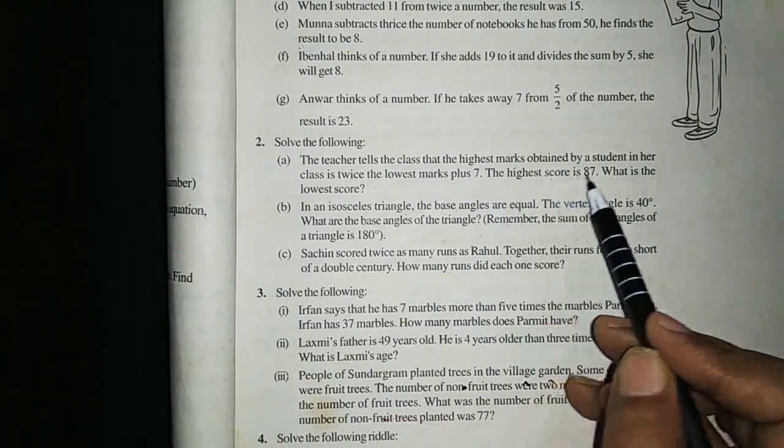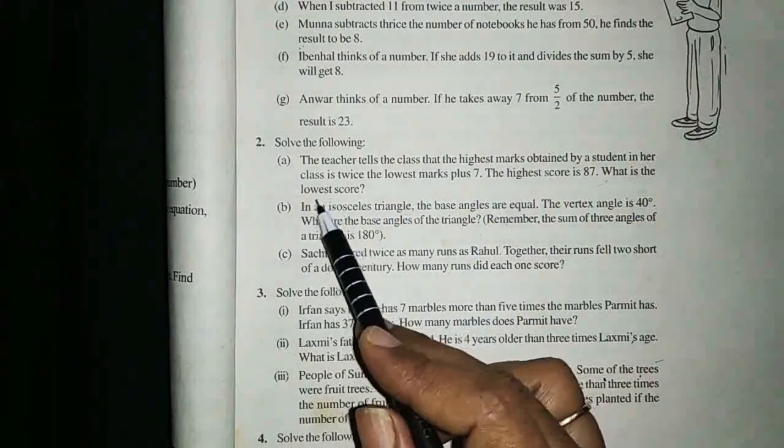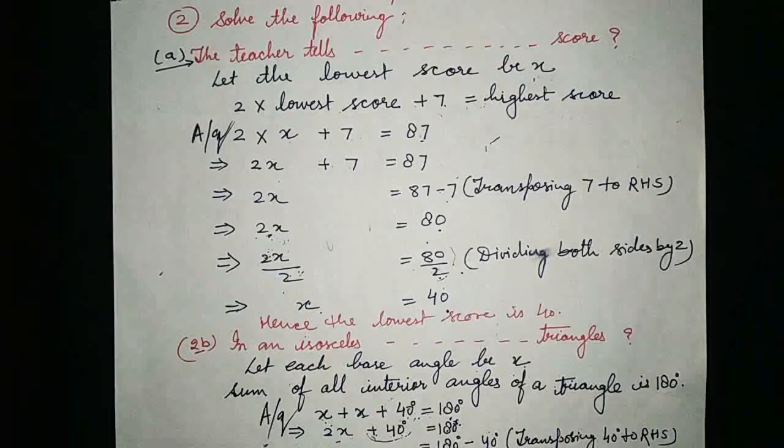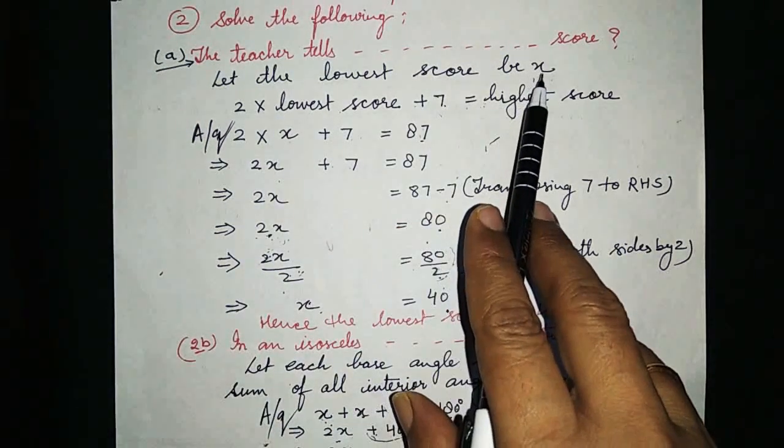The highest score is 87. What is the lowest score? Here we don't know the lowest score. So what we will assume? Here we will assume the lowest score. Let the lowest score be X.